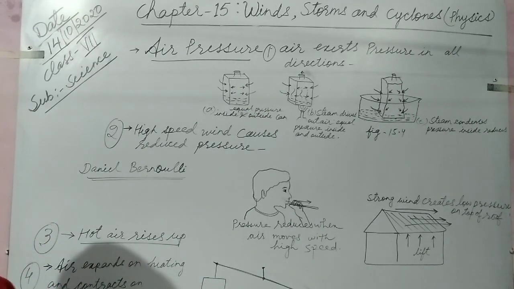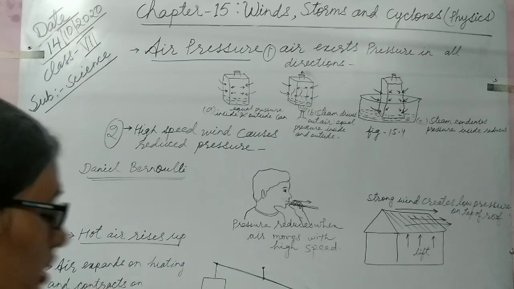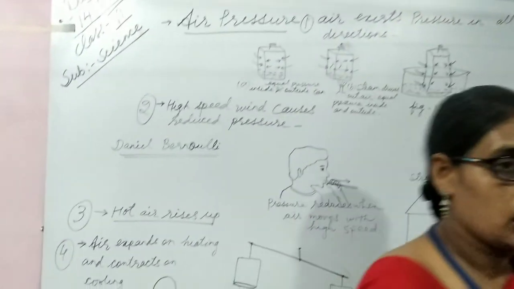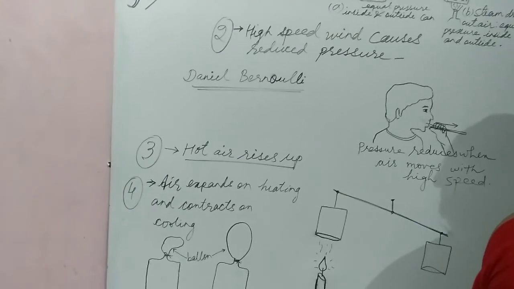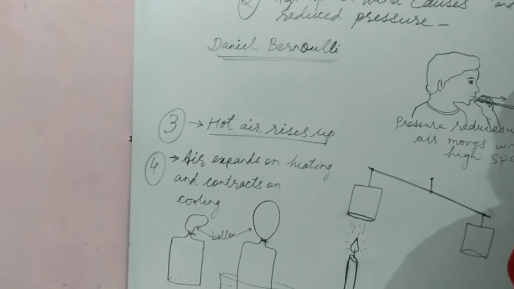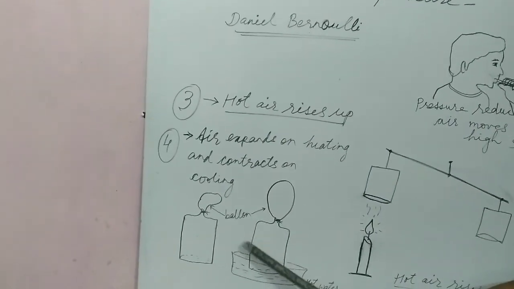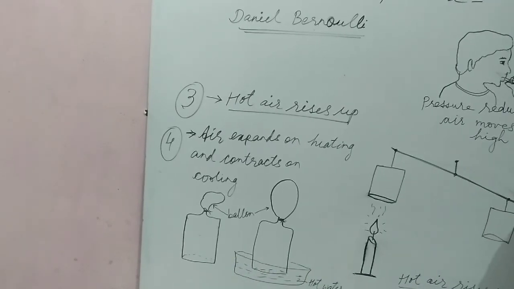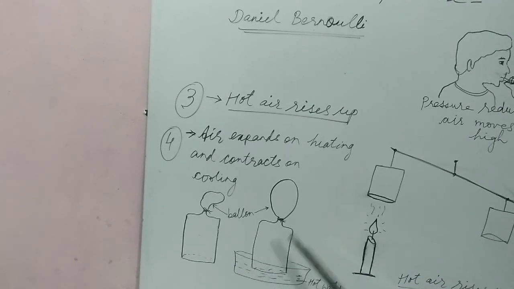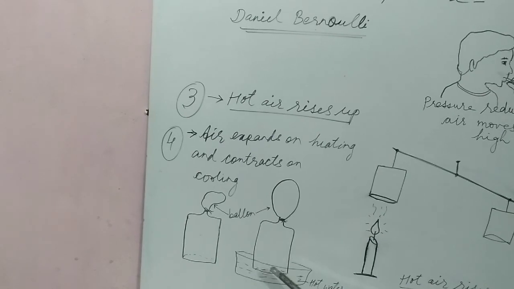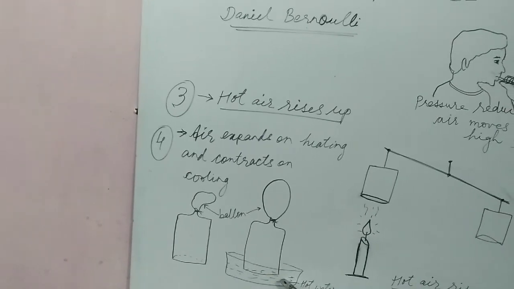Now the next point which I am going to explain is that air expands on heating and contracts on cooling. Take a glass bottle with a narrow neck and then stretch a balloon tightly over its mouth. Keep the bottle in a trough, as you see in the picture, containing hot water. What happens to the balloon?